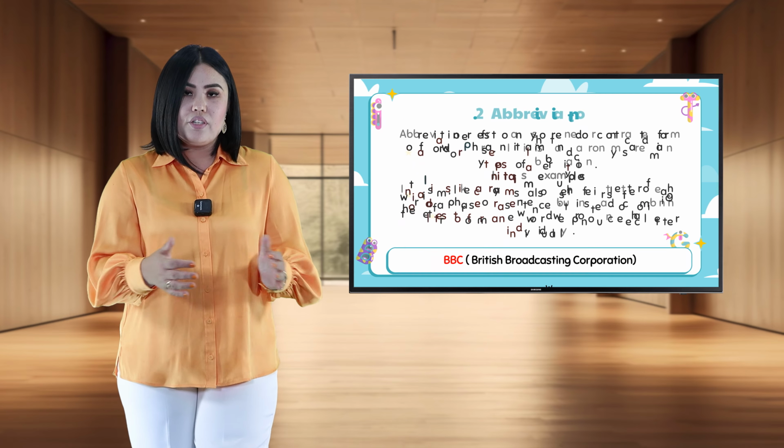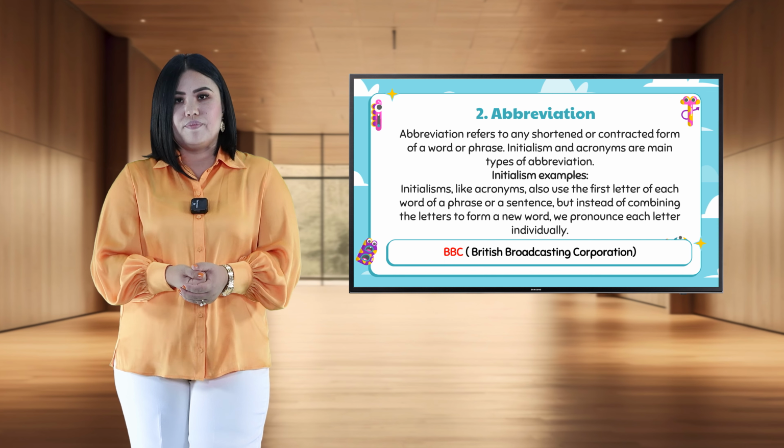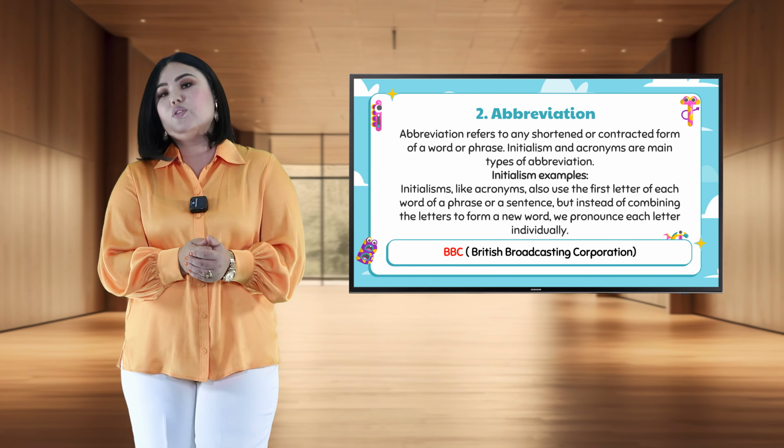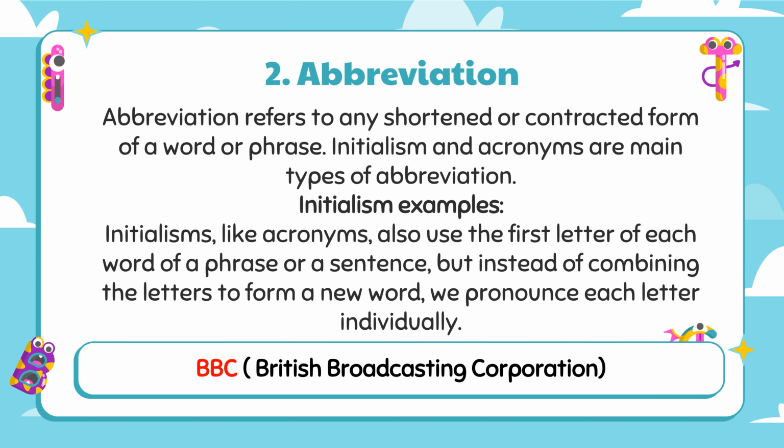Next minor type is abbreviation. An abbreviation is a shortened form of a word or phrase. For example, lab, laboratory, dorm, dormitory. We have two main types of abbreviations. They are initialism and acronymy.